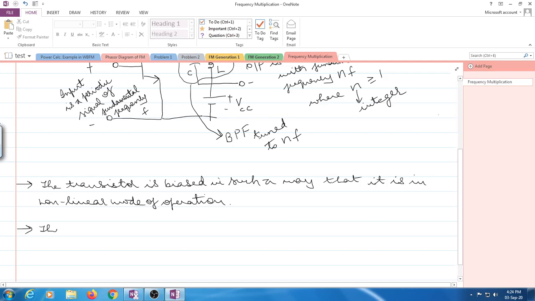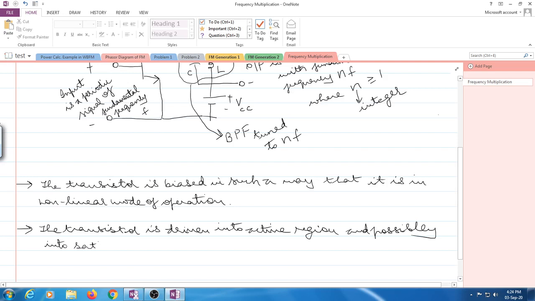Now the transistor is driven into active region and possibly into saturation by the input signal in the vicinity of its peak excursion.